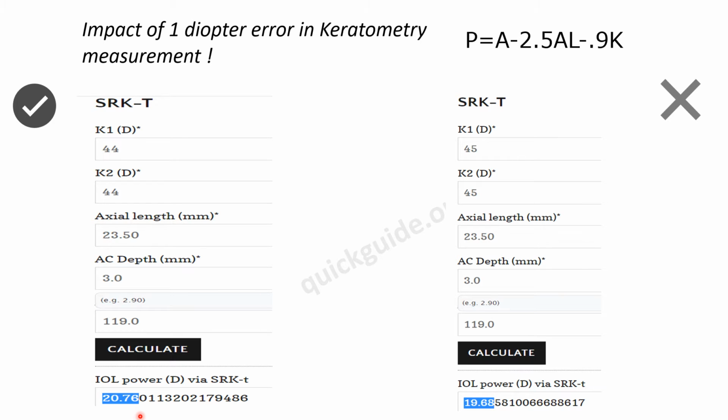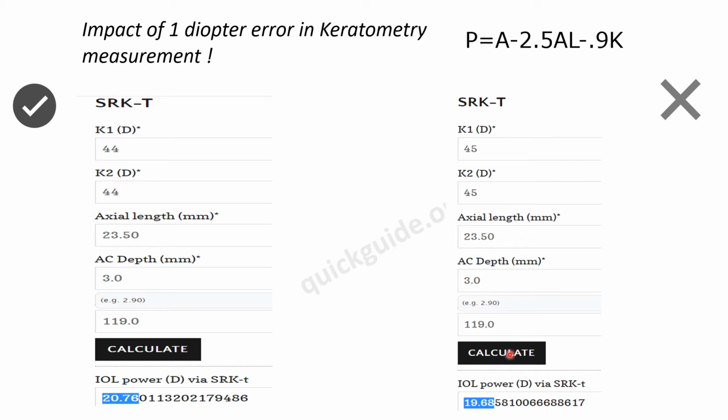Now let us see what happens if we make an error of 1 diopter in the corneal reading calculation. The patient here is off by 1 diopter. The actual corneal reading was 44 diopters, but we wrongly measured it as 45 diopters. Other parameters remain the same, that is the axial length, anterior chamber depth, and the A constant.